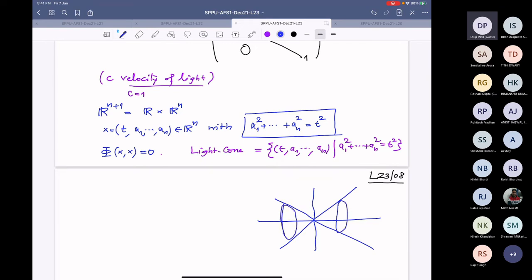N is 2, so n plus 1 is 3. So this is my t-axis. So this is the picture for C equal to 1. The cone you are seeing, that is the cone.